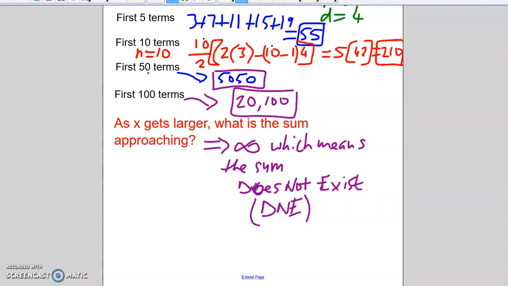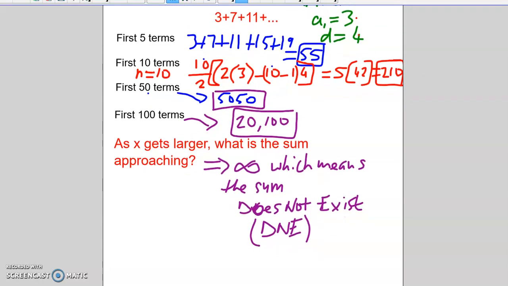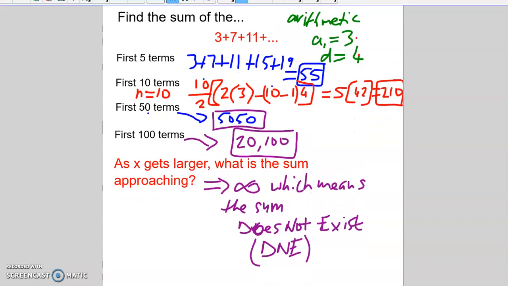And give me problems that don't exist all day. I can write does not exist very easily. We don't have to actually find any of these sums, as we'll see, if it does not exist. So the other term that's often used to describe these kinds of series is that they're divergent series.